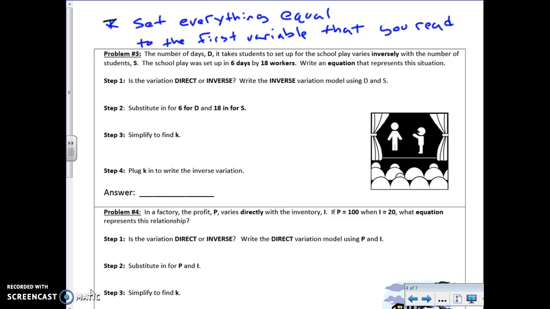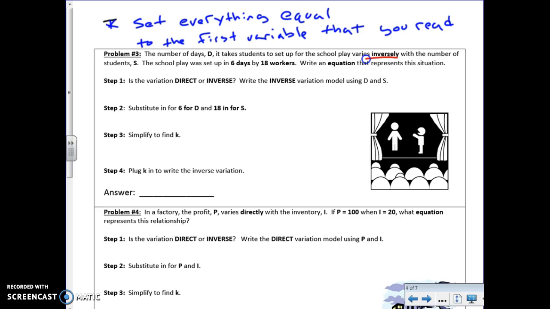The number of days d it takes students to set up for the school play varies inversely with the number of students x. The school play was set up in 6 days by 18 workers. Write an equation that represents this situation. So first of all, it's an inverse variation.